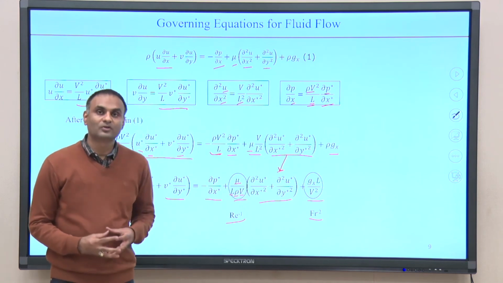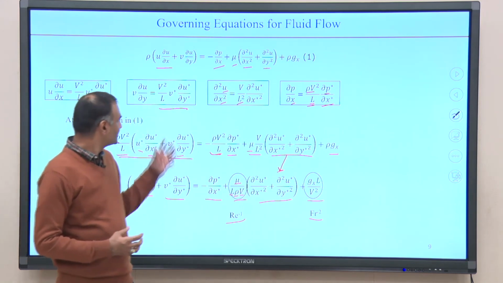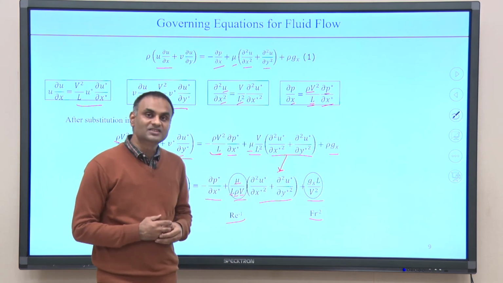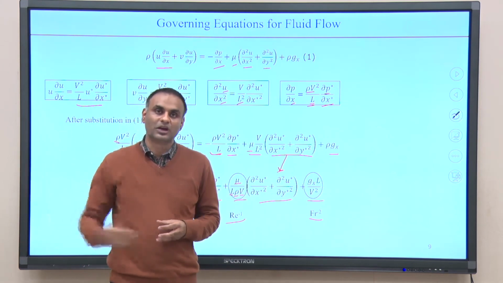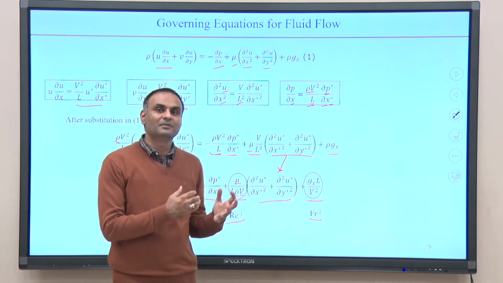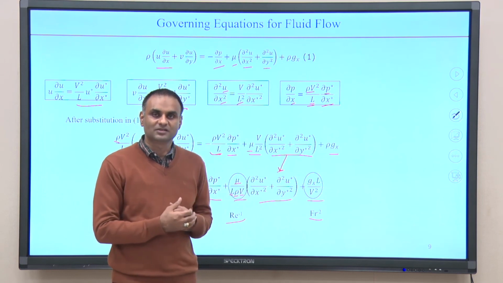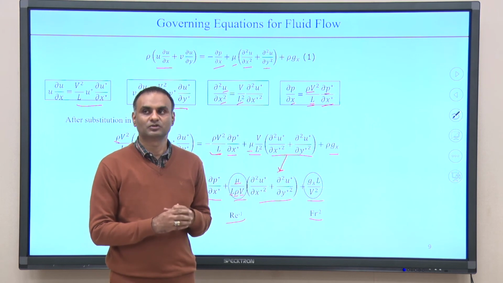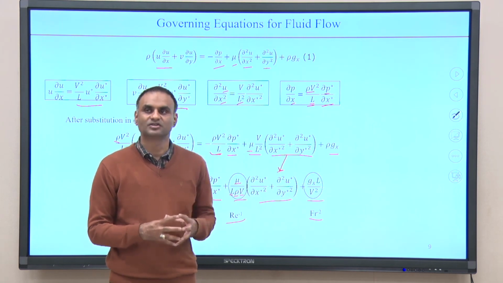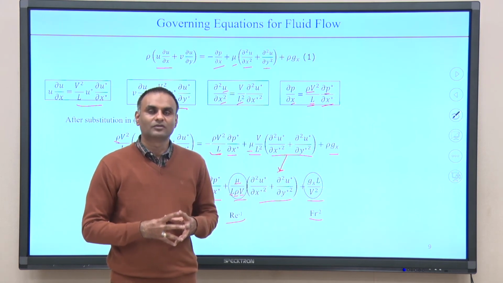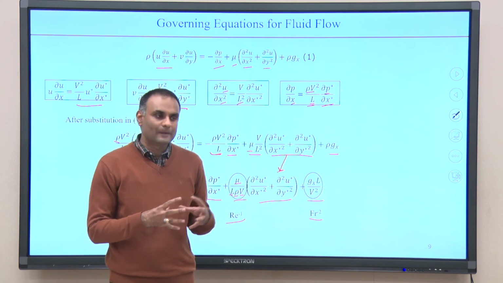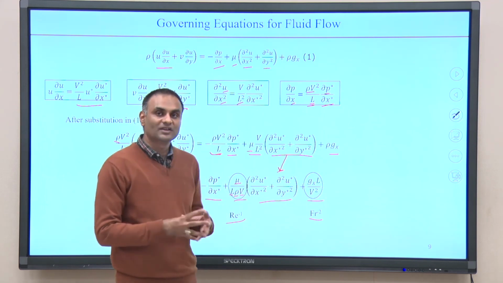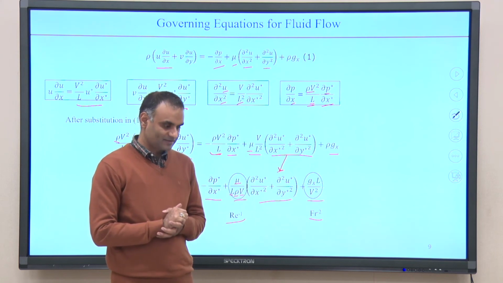When you are talking about other non-dimensional numbers, for example, if you consider the transient term, you can get another non-dimensional number. If you non-dimensionalize the boundary conditions, then you can get another non-dimensional number. So, the non-dimensional numbers can be found when you non-dimensionalize the governing equations as well as the boundary conditions.